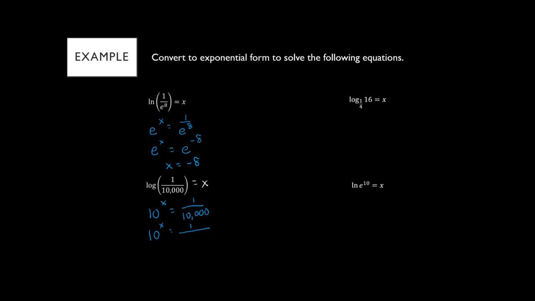First I write 10,000 in its exponent form. So I count how many zeros. There's 4 zeros, so that's going to be 1 over 10 to the 4. When you have that 1 over, you can take the reciprocal to get the negative exponent. So that'd be 10 to the x equals 10 to the negative 4. And this gives us x is equal to negative 4.